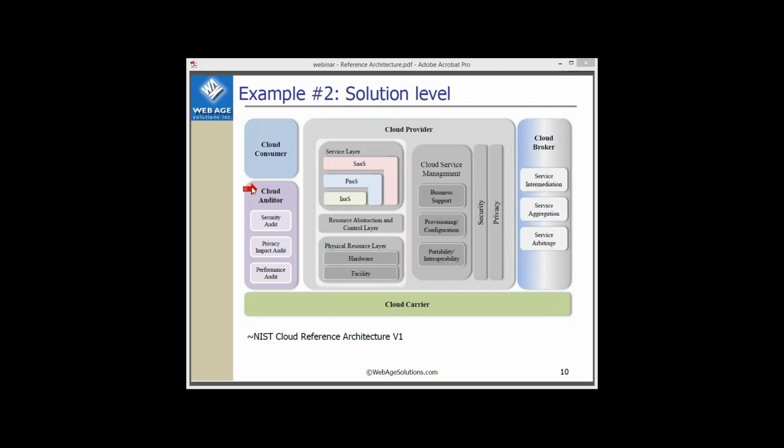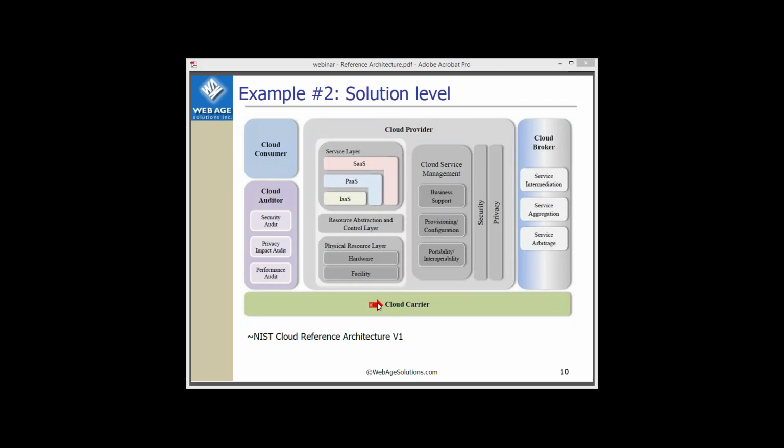Then we have the cloud auditor, which is oftentimes useful for people to gain the confidence not only within their own internal organization but with their client base, and maybe there's regulatory issues they have to comply with. And then the cloud carrier, which is really providing the telecommunications linkage between you, the consumer, and the remote cloud provider services.